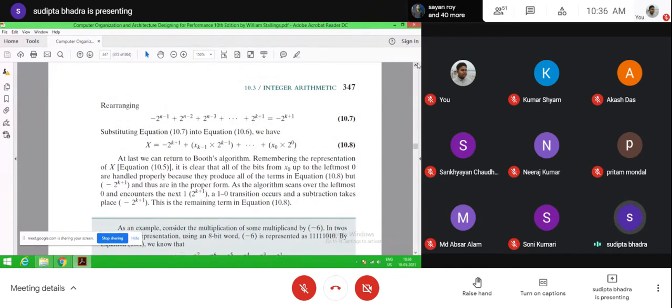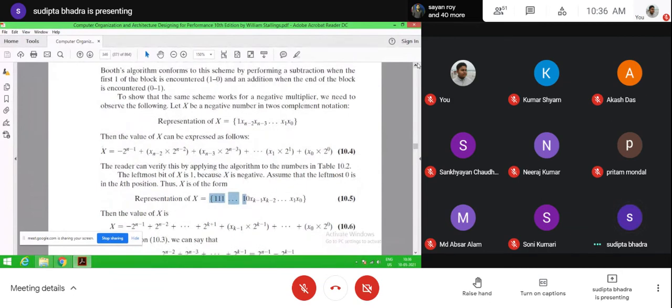So for negative numbers also this thing is applicable. Here you see in the 10.5, what is the content of 10.5? That we assume that up to x k minus 1, whatever the bit, xk is 0, and after xk plus 1 up to x n minus 1, all are ones.